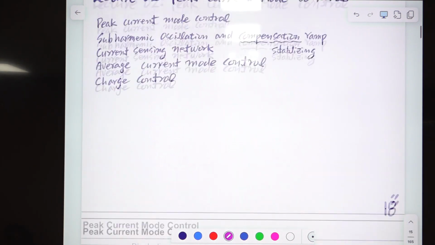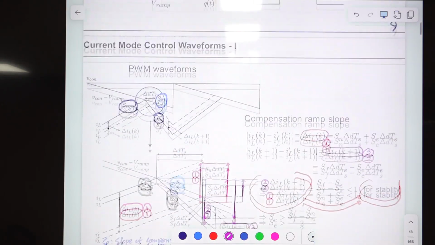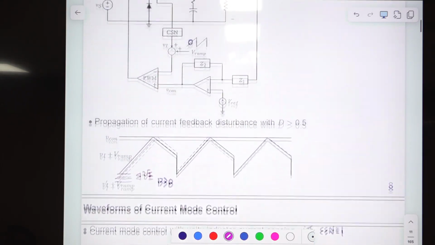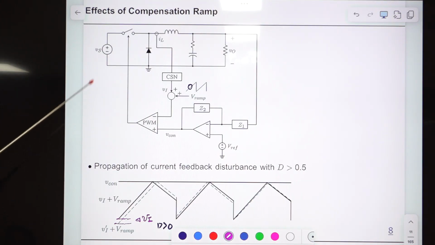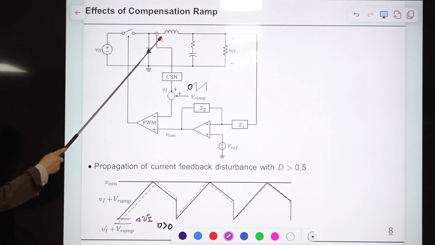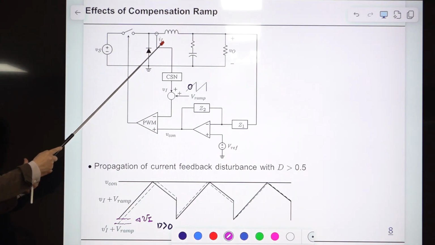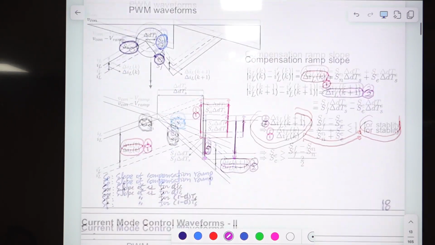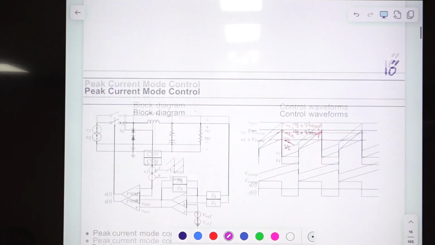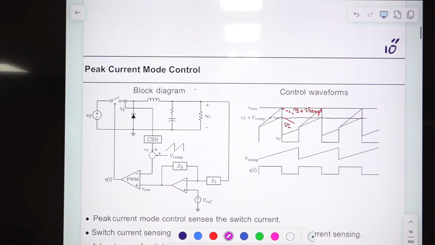Here is the difference between this and the previous one. In the previous one, the circle was around the inductor path. In this figure, we assume we are sensing the inductor current, which is continuous all the time. We are assuming CCM operation now. But if you take a closer look at this, the circle is here.